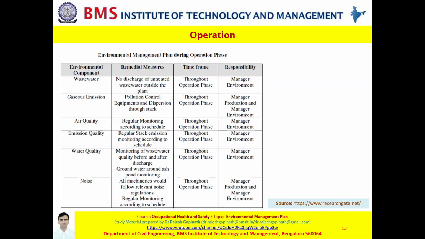Now, you know that different industries have different kinds of capabilities. Some industries work throughout the day, some industries work only during some particular seasons. Okay, now having said that, the EMP will vary from industry to industry. Some industries use water as a raw material, some industries use water only for housekeeping attributes, some industries need fresh air.